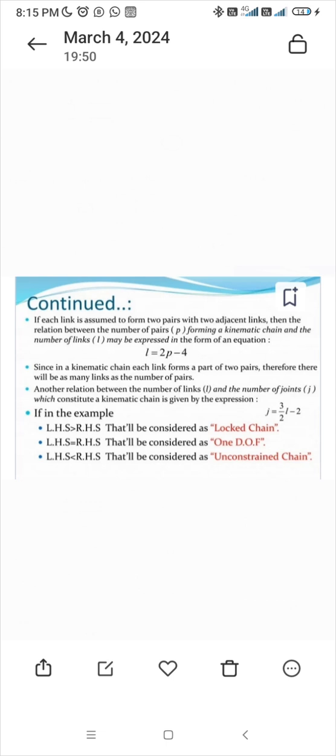To determine whether some assemblage of links forms a kinematic chain or not, if it is a kinematic chain, how will we identify it? If it is not, how will we identify it? There are some equations to identify. It will be a locked chain, a constrained chain, or an unconstrained kinematic chain. In such a way we have to identify what kind of kinematic chain is in the assemblage.